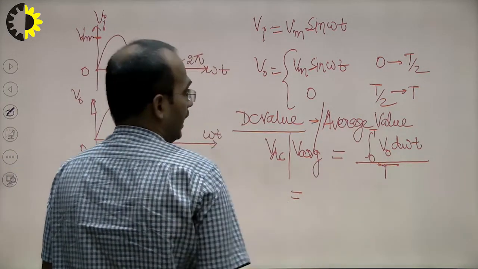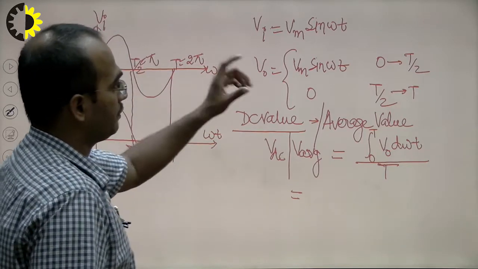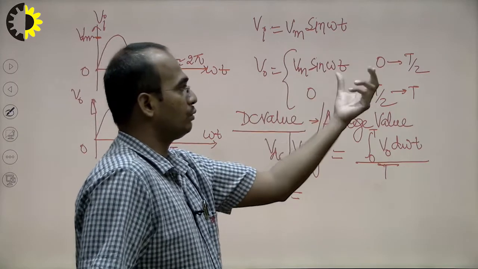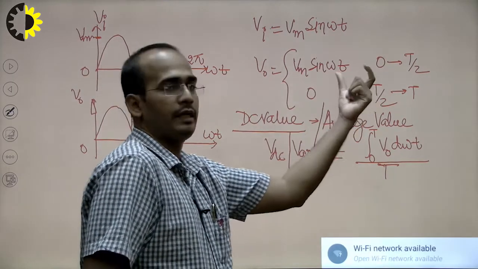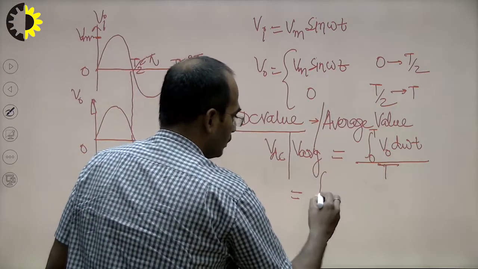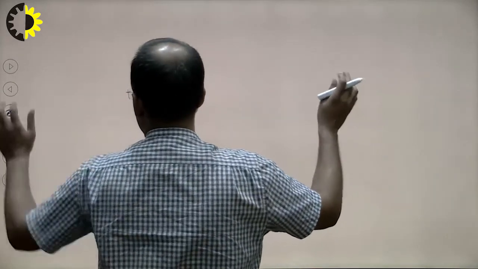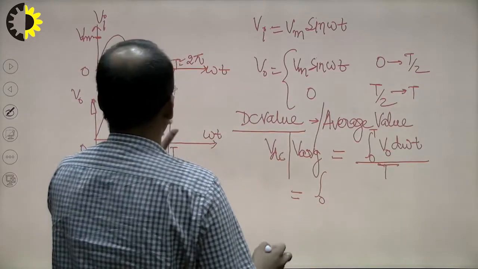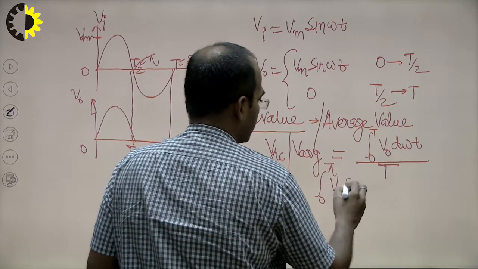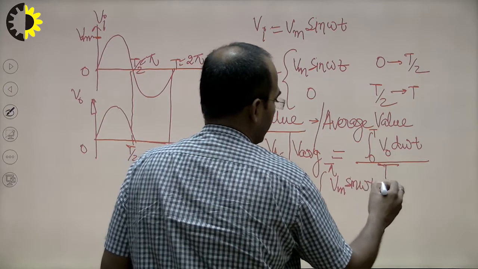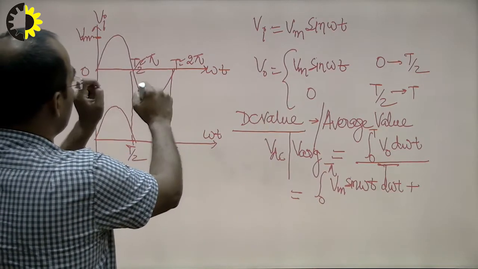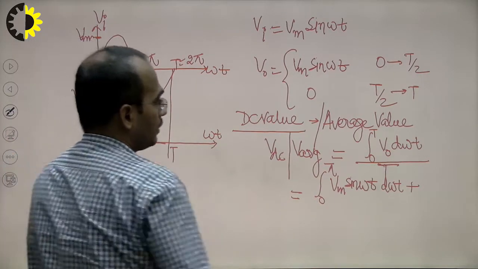I am writing this equation in terms of the output equation, because the output equation is defined for half the time period: 0 to T by 2 is Vm sin omega t, and for T by 2 to T it is 0. So 0 to T by 2 is nothing but 0 to pi, where V naught is Vm sin omega t, and for pi to 2 pi the output is 0.